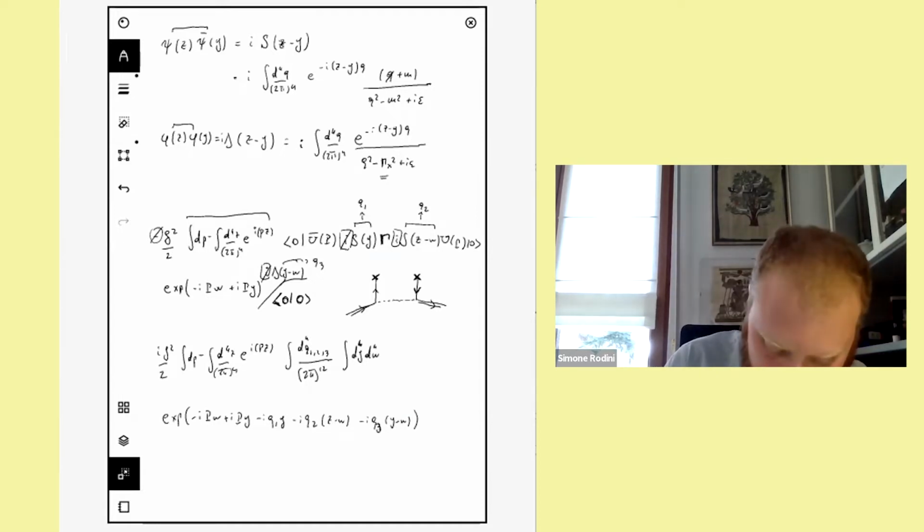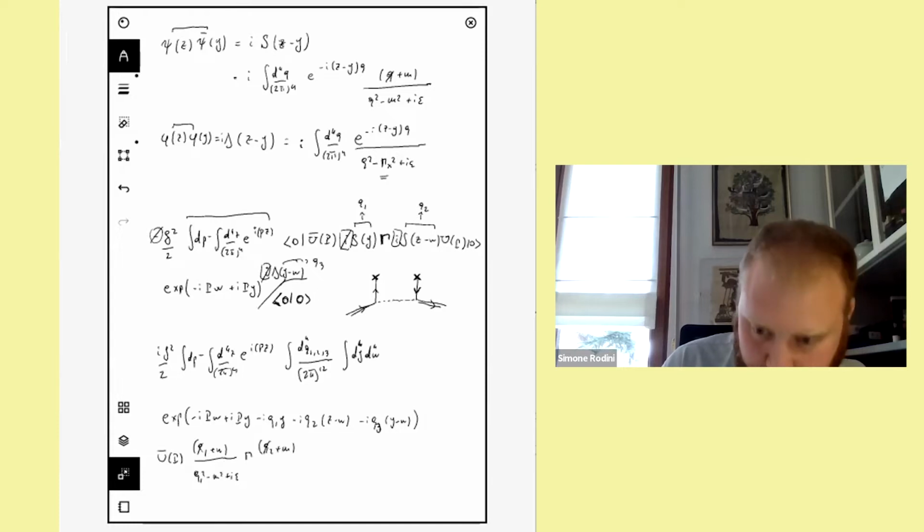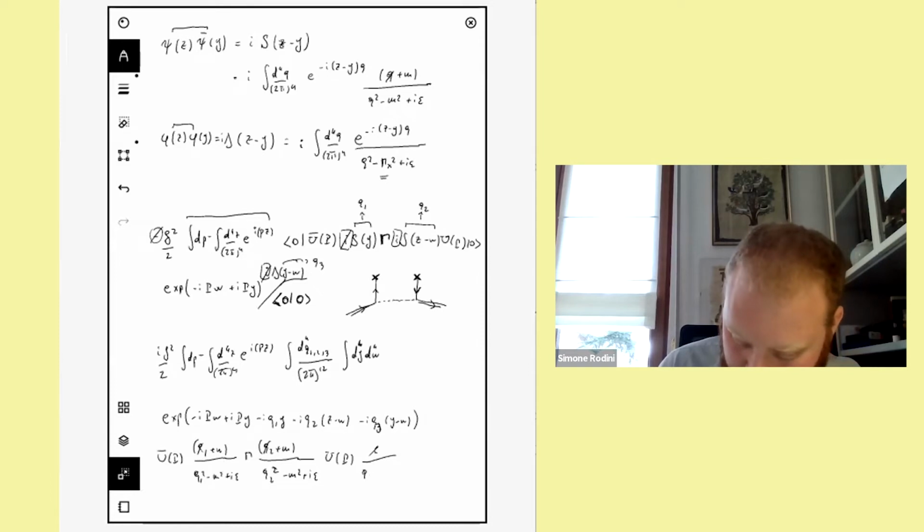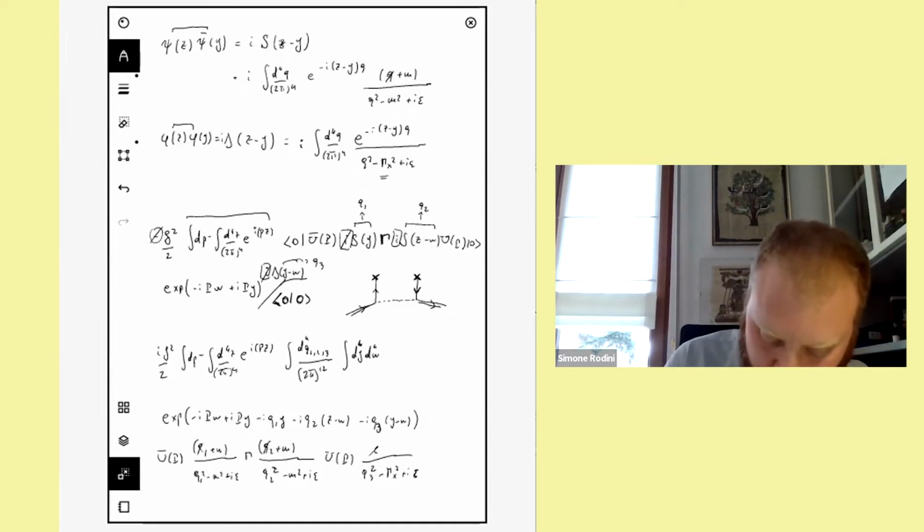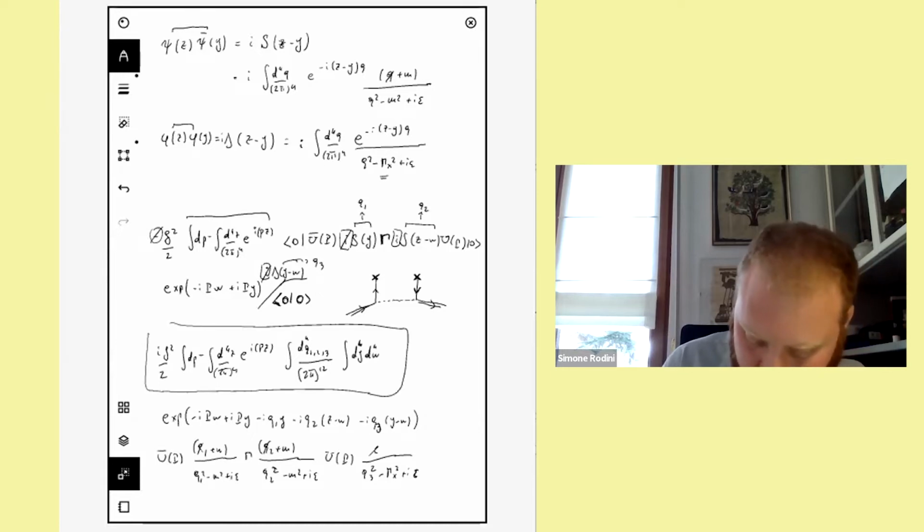And then you have your Dirac structure, which looks like u bar of P, (q1 slash plus m) over (q1 squared minus m squared plus i epsilon), gamma, (q2 slash plus m) over (q2 squared minus m squared plus i epsilon), u of P. And then you have the scalar propagator, which is 1 over q3 squared minus m_X squared plus i epsilon. So these are just a bunch of integrals.